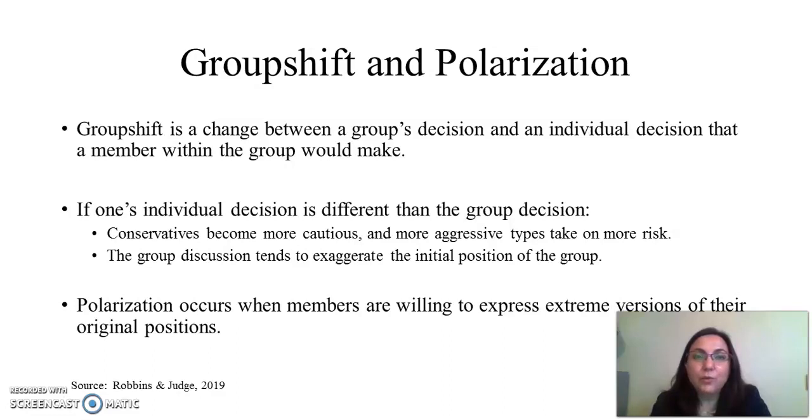So you tend to become more aggressive in your own opinions if you are a risk taker, and you become more aggressive in defending your own point of view. But you weren't like that at the initial stage. You weren't that into your own idea or your own opinion of how to accomplish the task. But then if others agree and if you're an aggressive person, you become more extreme.